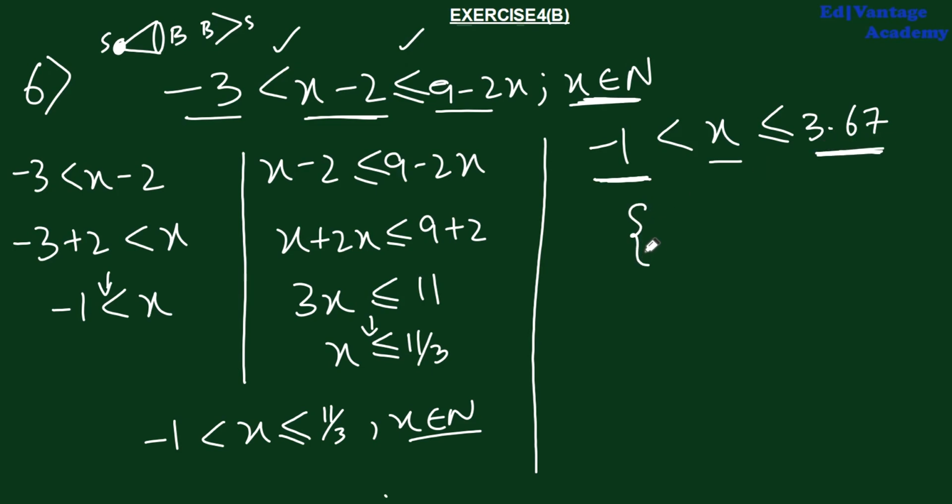If I list the elements, what are the natural numbers between minus 1 and 3.67? If you look into the real numbers, it's 1, 2, 3. That's it. I'll show it on the graph, since they did not ask us to plot the graph, but we'll still do it because further questions are just like this. So let us learn it here only.